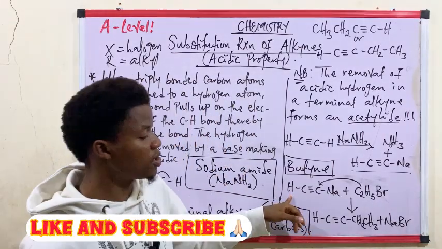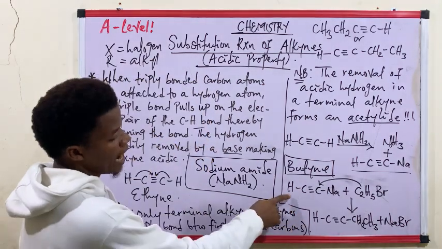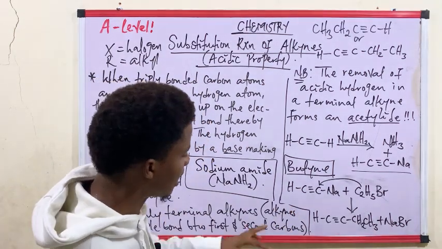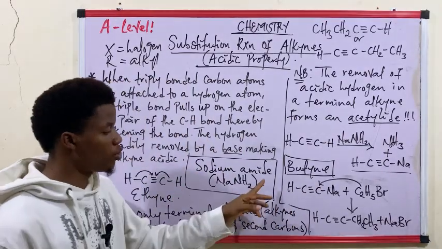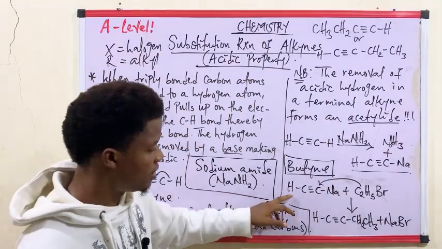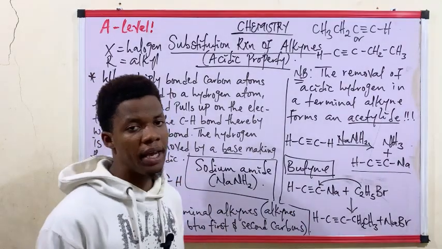Now we can also remove this other hydrogen if you decide to take it out. In order to remove this hydrogen, you simply use sodium amide. So it will be this again reacting with sodium amide.